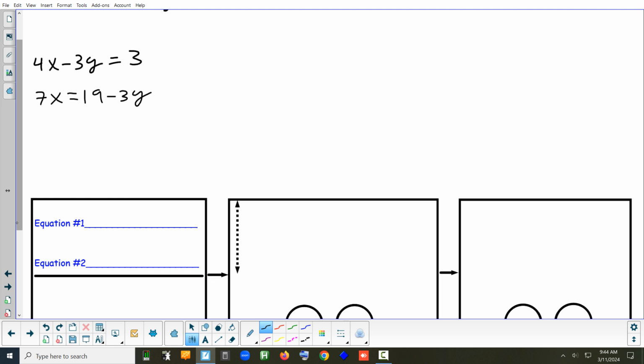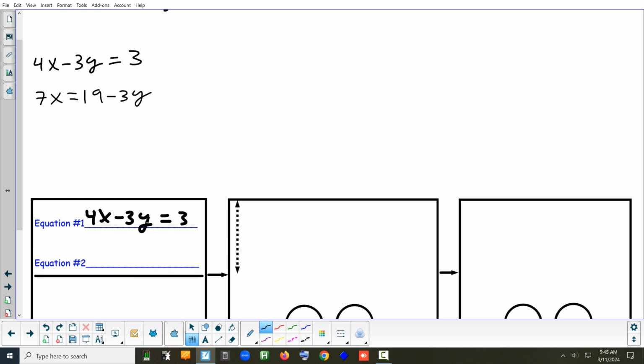Okay, is there an equation there that is already in the right format? Yep, the top one. So you can put that one in if you want. Okay. Is the bottom one in the right format? No. All right, so let me just help you guys get that in the right format, and then I'll let you solve it.